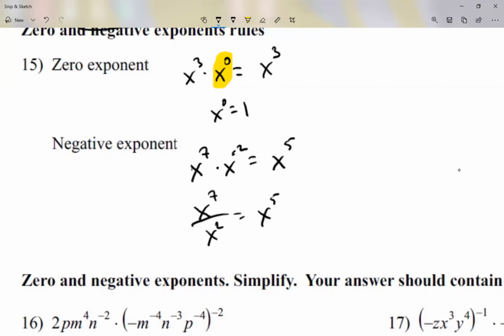A negative exponent, we're going to make it positive on the other side. So if it is a negative on the top, bring it as a positive to the bottom. If it's a negative at the bottom, bring it as a positive to the top. A negative exponent is going to be positive on the other side. And when I say sides, I mean the top side or the bottom side.